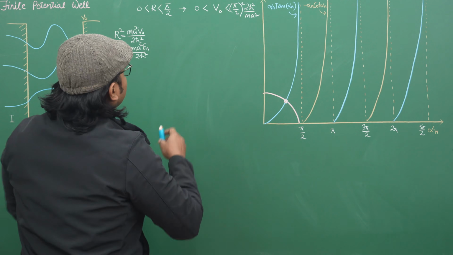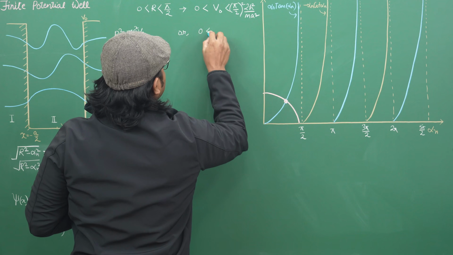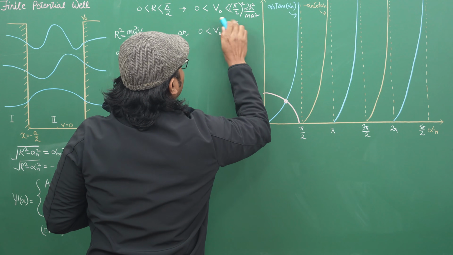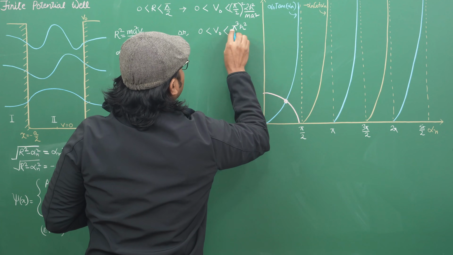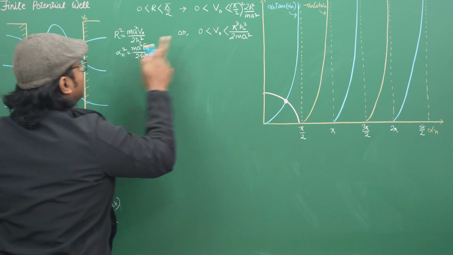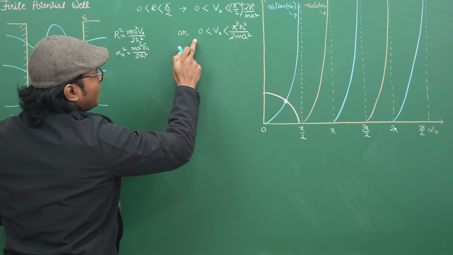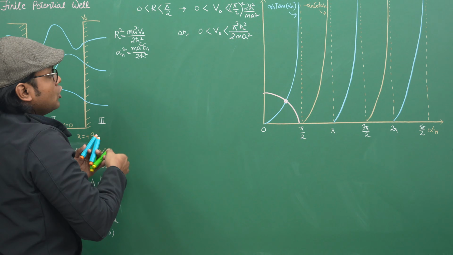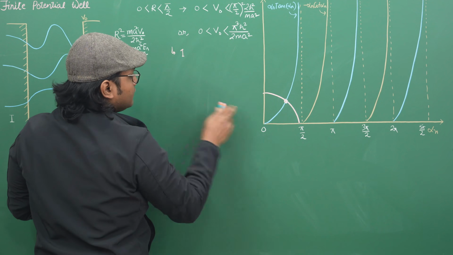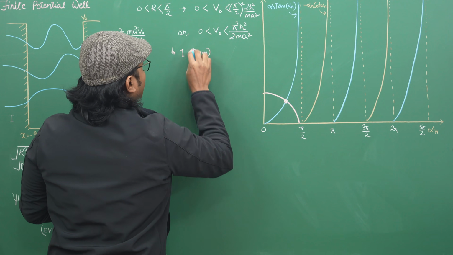So let's suppose 0 less than V0 less than pi squared h cross squared upon 2ma squared, since the 4 and 2 get cancelled. So if r is between 0 and pi by 2, it simply means that V0 is between 0 and pi squared h cross squared upon 2ma squared, which means that we have one even bound state.